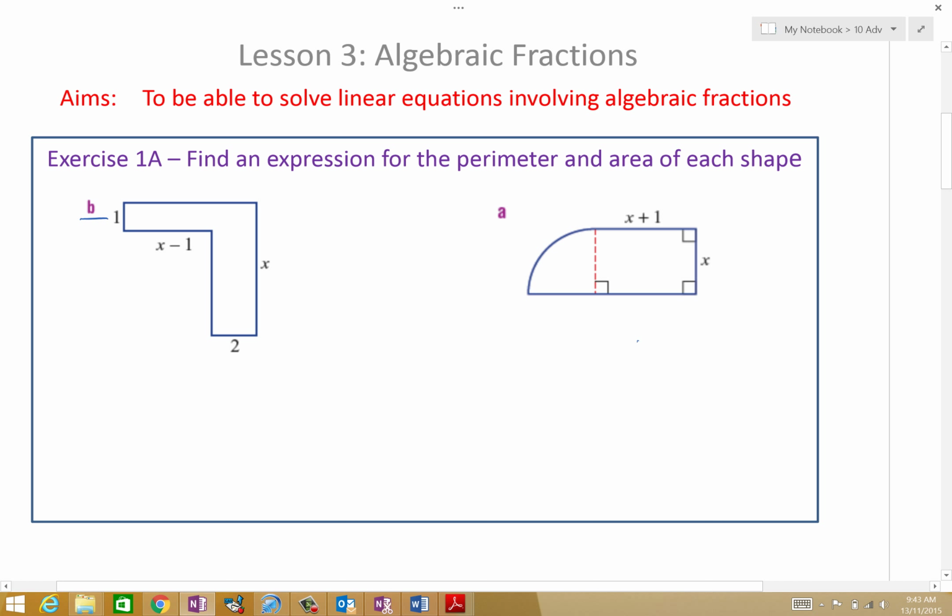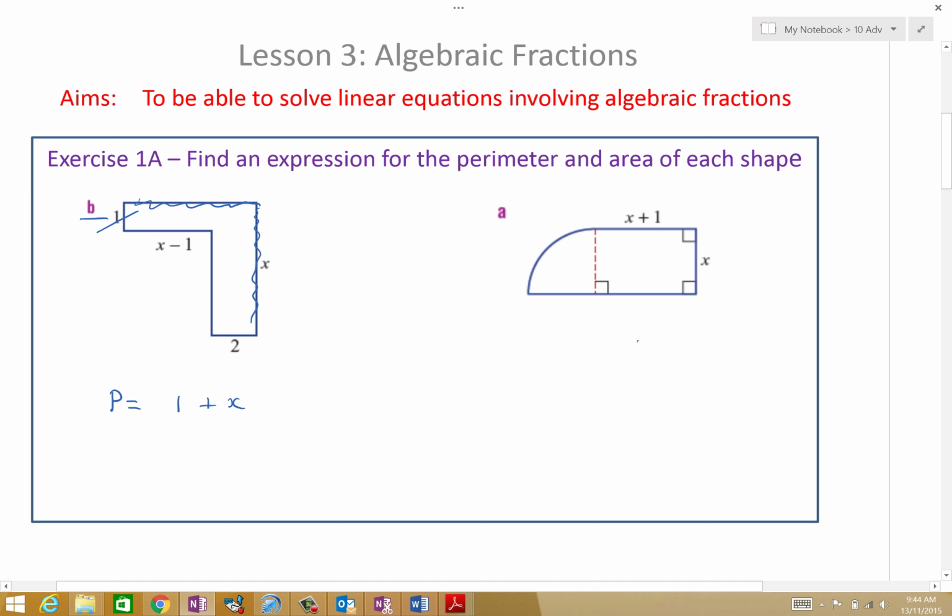If I wanted to find the perimeter of this shape, then I need to add, of course, all the sides. So that is 1, I've just added 1, plus, well, this side is x, so we've covered that. And this side is, well, we don't really know what this side is.